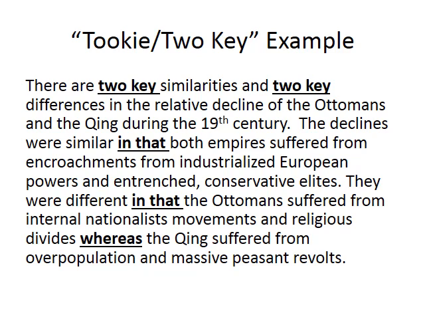The declines were similar in that both empires suffered from encroachments from industrialized European powers and entrenched conservative elites. They were different in that the Ottomans suffered from internal nationalist movements and religious divides, whereas the Qing suffered from overpopulation and massive peasant revolts.